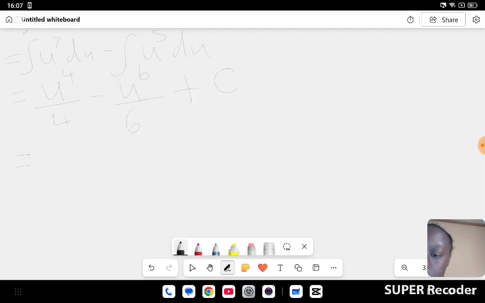Substituting it back, remember that we have let u equal to sine x, it's going to be 1 over 4 sine 4x minus 1 over 6 sine 6x plus c. This is our final answer.